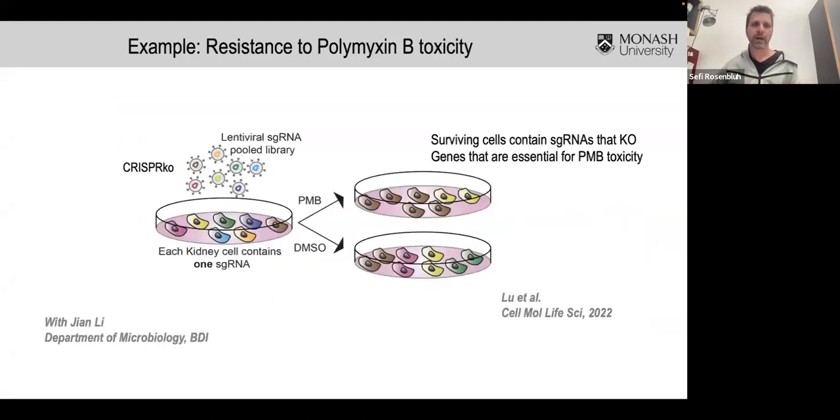Another example is a screen that we've done together with Jian Li's lab and Zulu from his lab using CRISPR knockout. This screen was aimed at finding genes that mediate resistance to polymyxin B. Polymyxin B is an antibiotic that is very effective against bacteria, but is toxic to kidney cells.